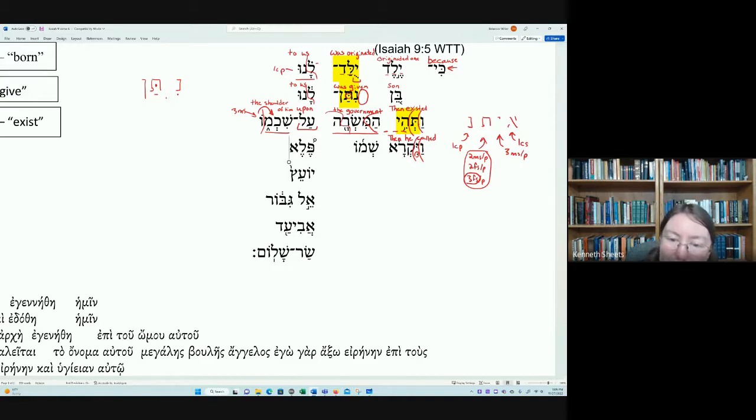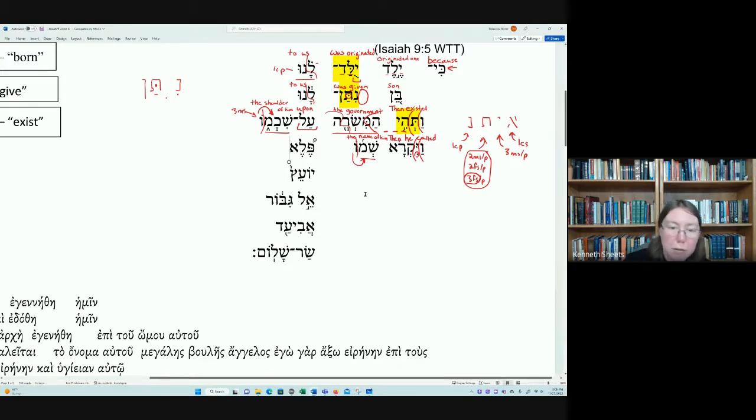shmo. Notice here you've got another pronominal suffix, third masculine singular, just like what we saw up above on shikmo. But this is going to be on the noun shem, meaning name. And again, we have here where the pronominal suffix is going to make the construct noun definite. So thus this would be the name of him, and then we come into the list of names here.